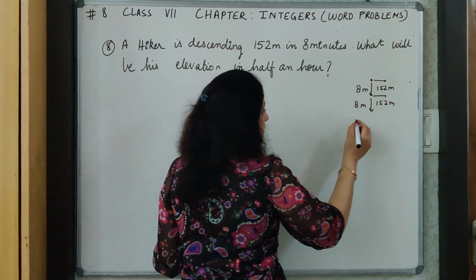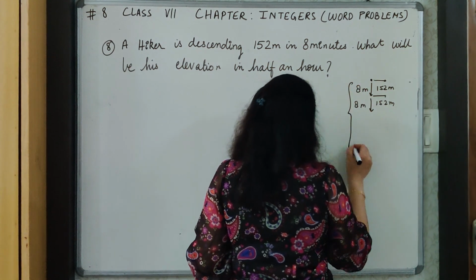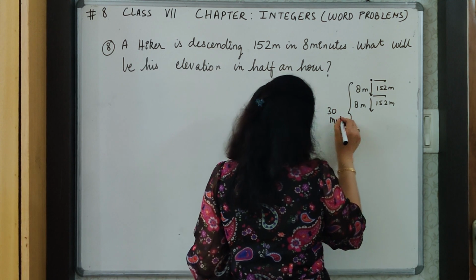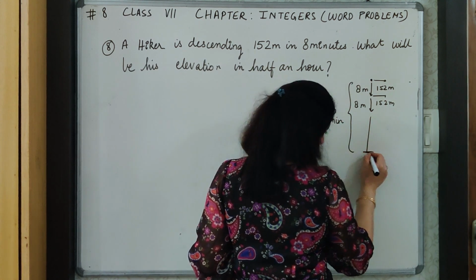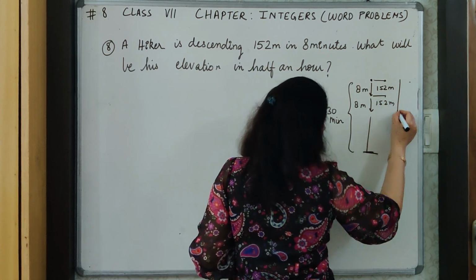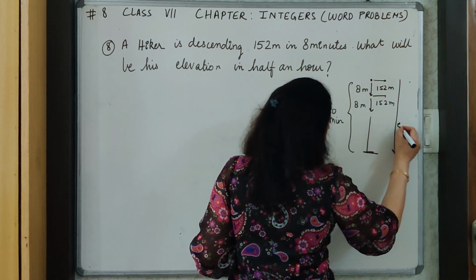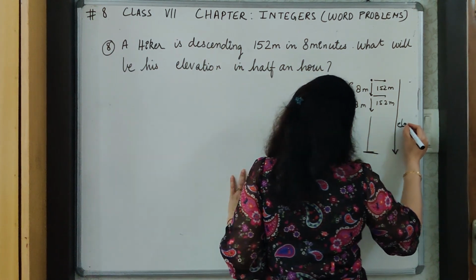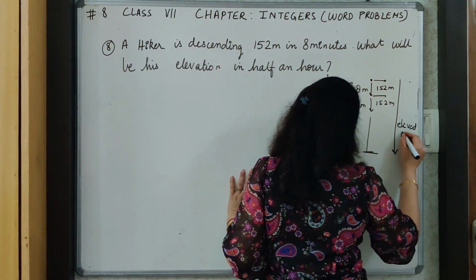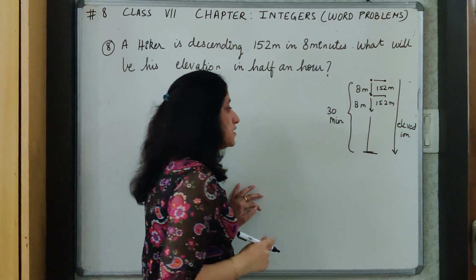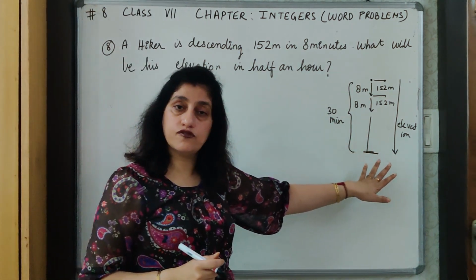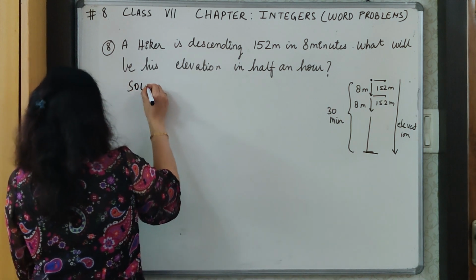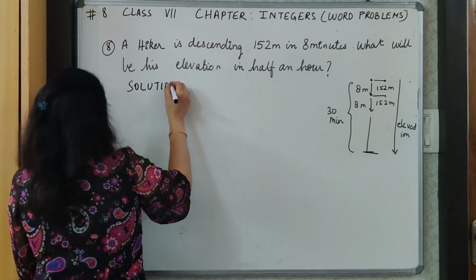In this way they have asked that after 30 minutes, suppose he reaches here, then this descent is known as elevation, meaning distance from the top. So what is his elevation after 30 minutes? This is the explanation of what they have asked. Now we move on to the solution of this word problem.